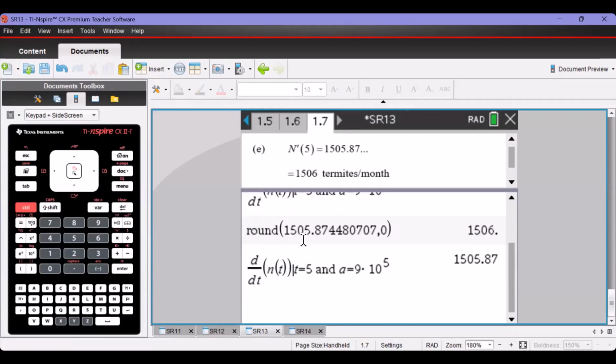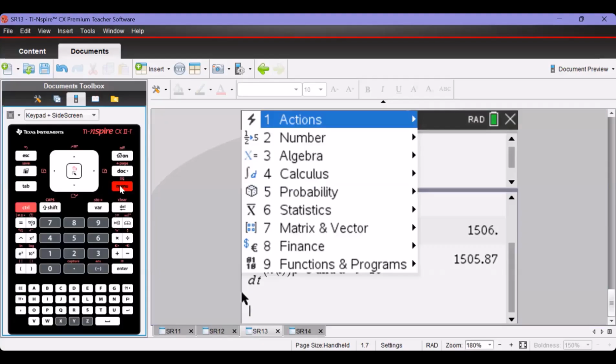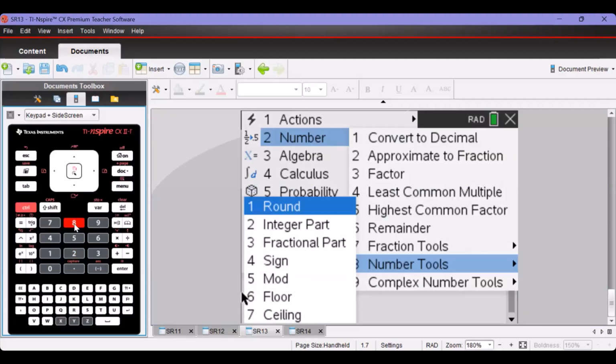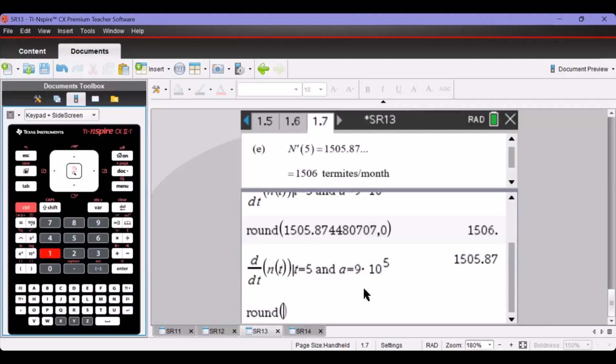To find the round command, you press menu and then 2 for number, 8 for number tools, and then 1 or enter for round. Then use your navigation pad and go up to highlight that answer. Press enter to bring it down to the current entry line.